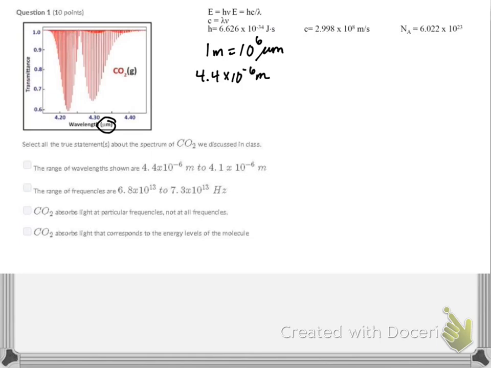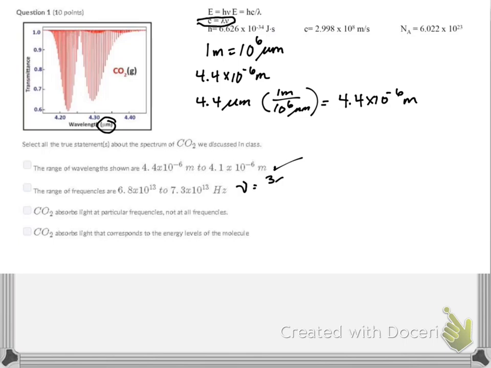If we take 4.4 micrometers and use the conversion factor, we get 4.4 times 10 to the minus 6 meters. So for a range of 4.1 micrometers to 4.4 micrometers, that would correspond to 4.4 times 10 to the minus 6 meters to 4.1 times 10 to the minus 6 meters.